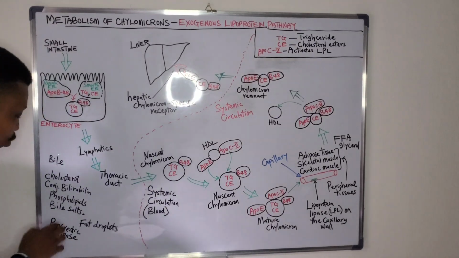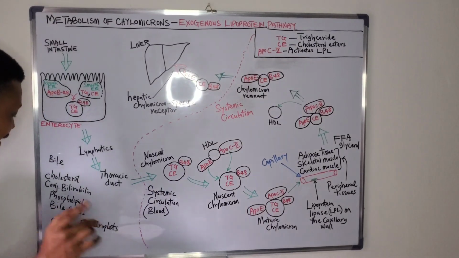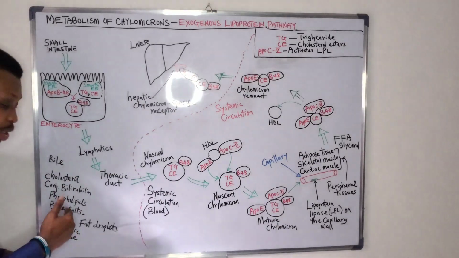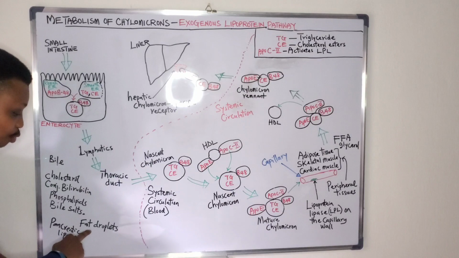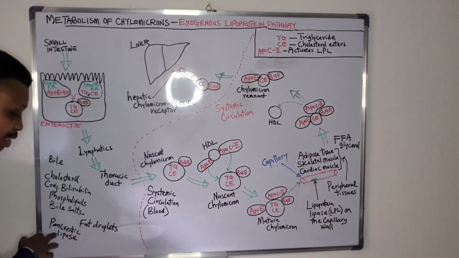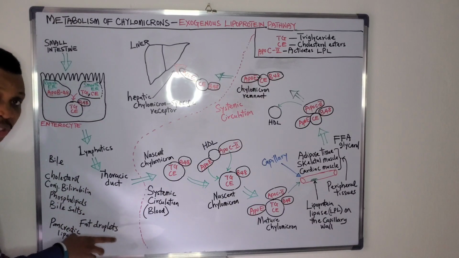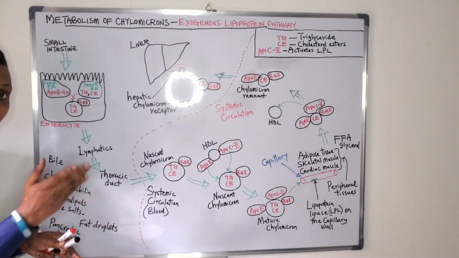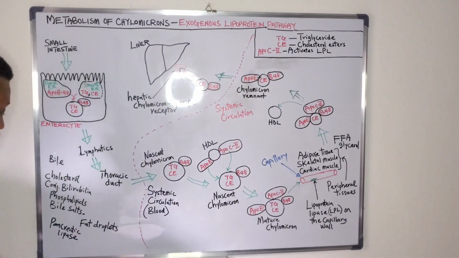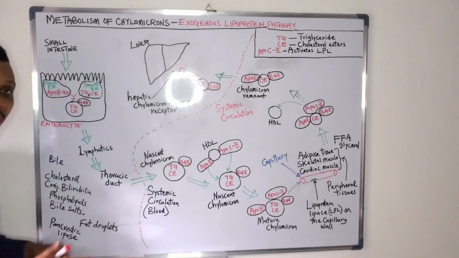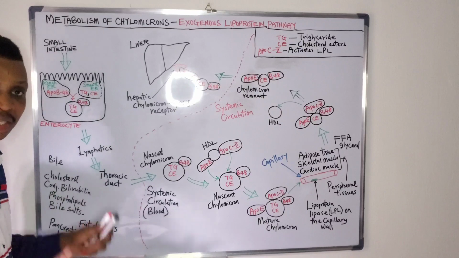What this enzyme does is gain access to the bonds connecting the fats together and break those bonds. When these bonds are broken, it results in the formation of free fatty acids and monoglycerides.